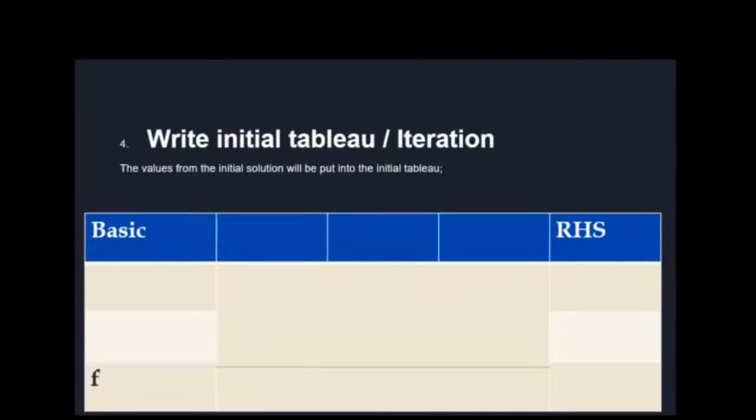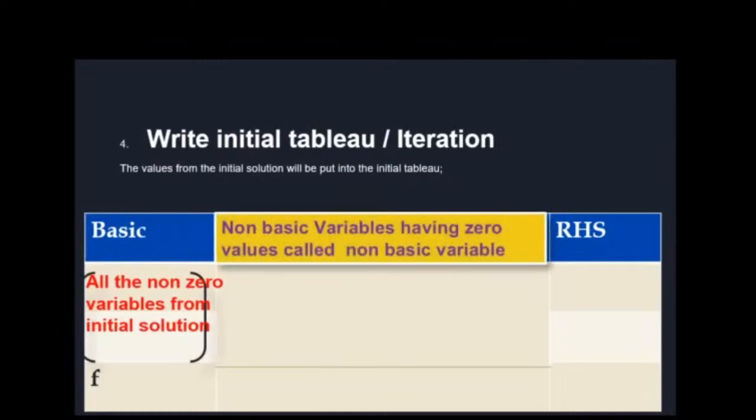Now the fourth step: write the initial table. Whenever we have a table, we have two types of variables: basic variables and non-basic variables. Basic variables are all the non-zero variables from the initial solution, and non-basic variables have zero values.